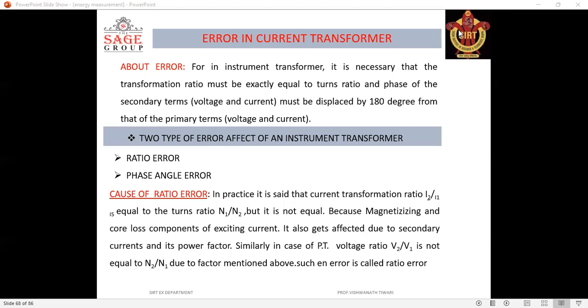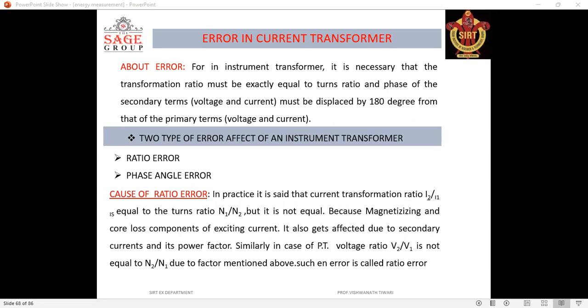Eddy current losses occur when current flows in the body of the transformer at the time of working. So ratio error occurs because the ratio I2 by I1 is not equal to the turn ratio N1 by N2. Next, in the case of potential transformer, V2 by V1 is not equal to N2 by N1. That is the reason for the ratio error in current transformers.